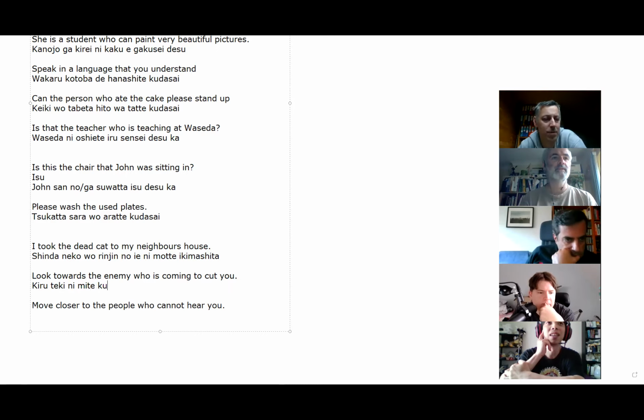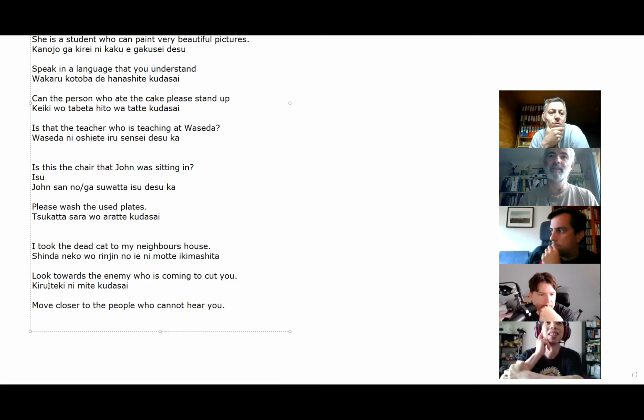Mite kudasai, yes. Just to make it a little bit more challenging, Andre, this is the enemy who is coming to cut you. So not just kiru, but kite kuru. Teki ni mite kudasai. Good.